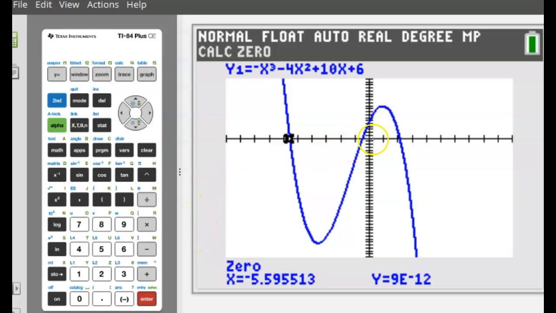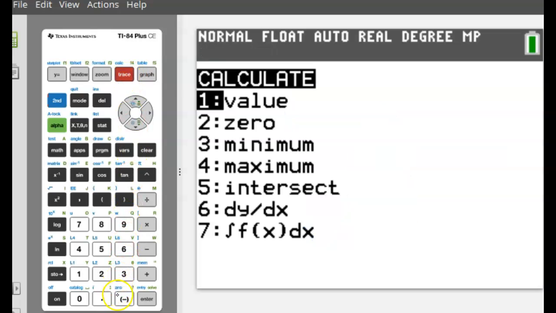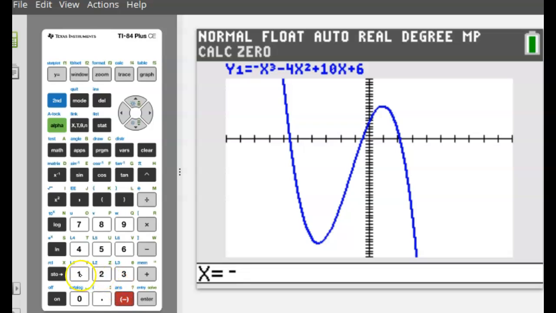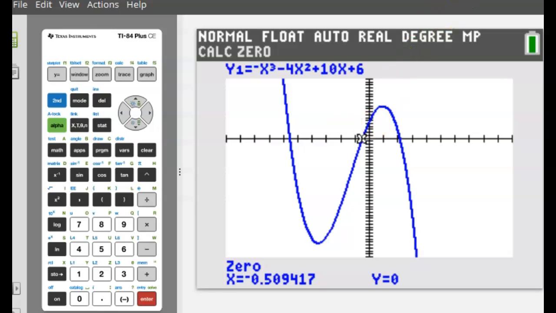And then there's one here between like -1 and 0. So second trace, I'm finding a 0 between like -1 and +1. And it's blinking at the right spot, -0.51.